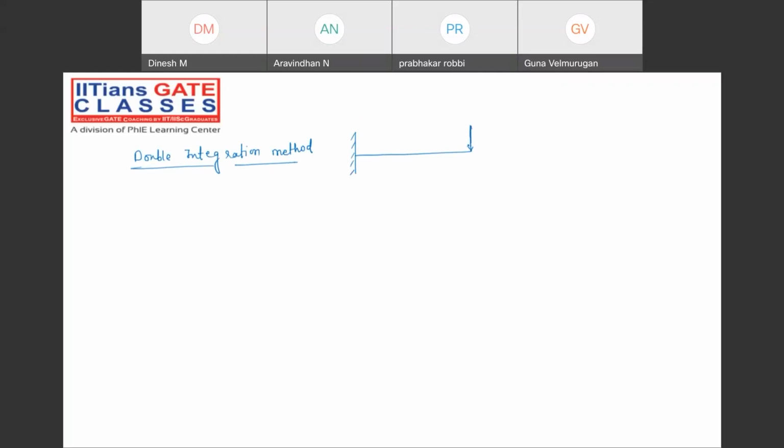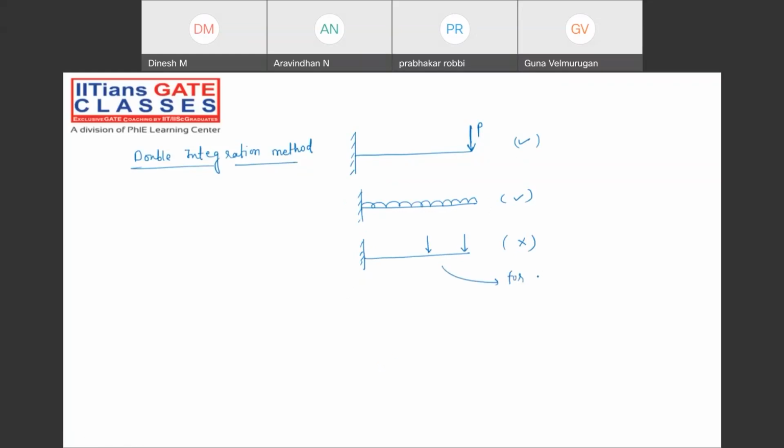Suppose I am applying the load P at the free end of this cantilever beam. Double integration method, we can solve this problem. Double integration method, we can solve this problem. Double integration method, we cannot solve the problem.